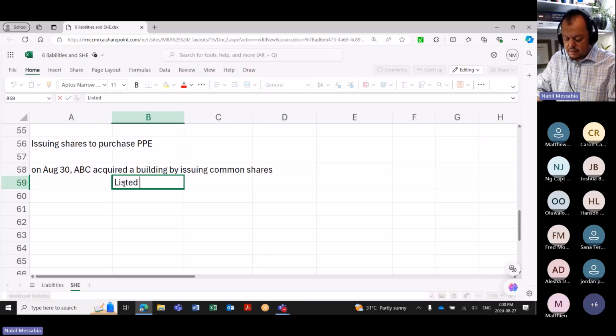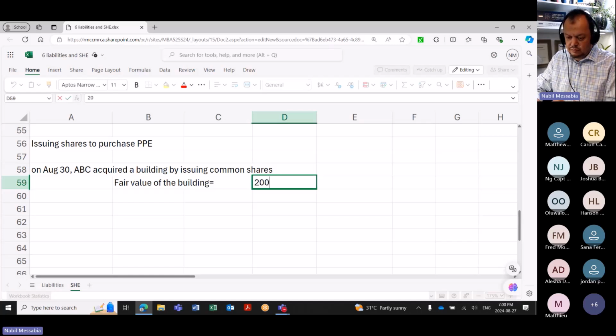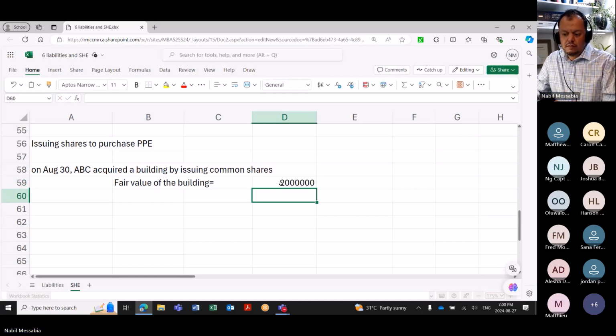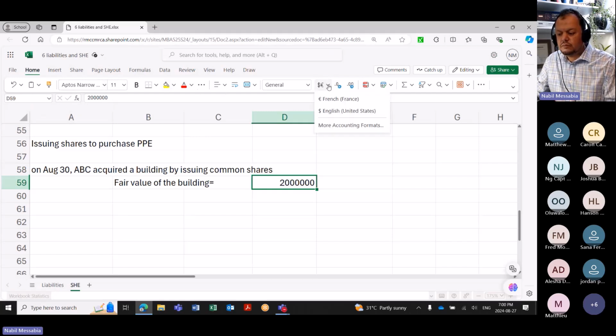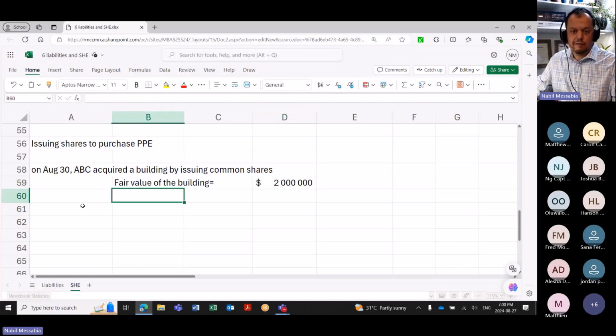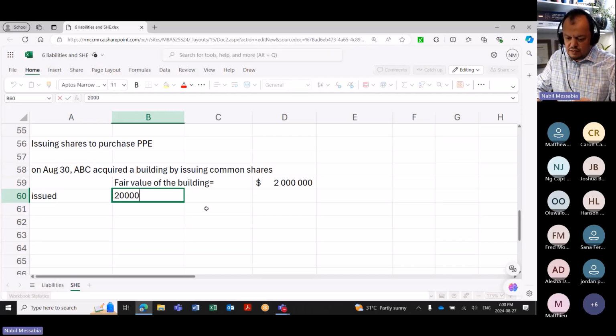So by issuing common shares, we are going to make this assumption. Let's say the fair value of the building is equal to 2 million, according to an appraisal of the fair value. Then the number of shares issued in consideration is 200,000 or 20,000.